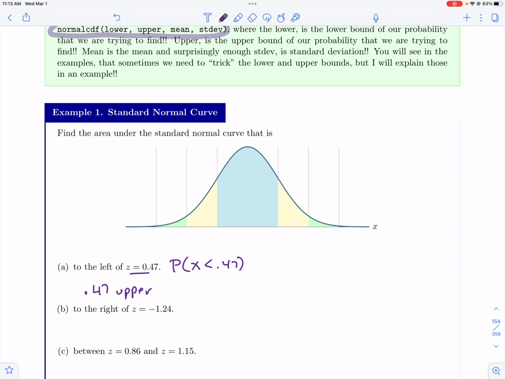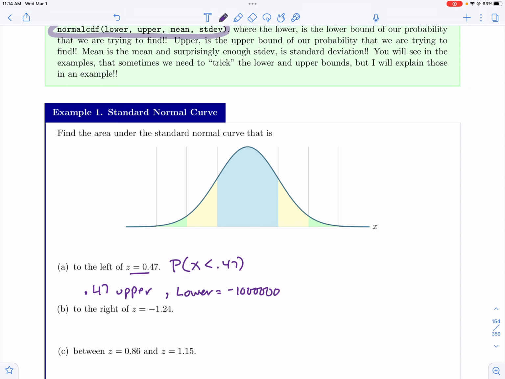Here we're dealing with numbers that are relatively small, so I'm going to choose my lower bound to be something like negative 100,000 or negative 1,000,000, whatever. You can make this as big or as small as you want, but we just want to make sure it doesn't look anything like our data. So our upper bound is going to be 0.47, and our lower bound is going to be negative 1,000,000 or negative 100,000, whatever you pick.